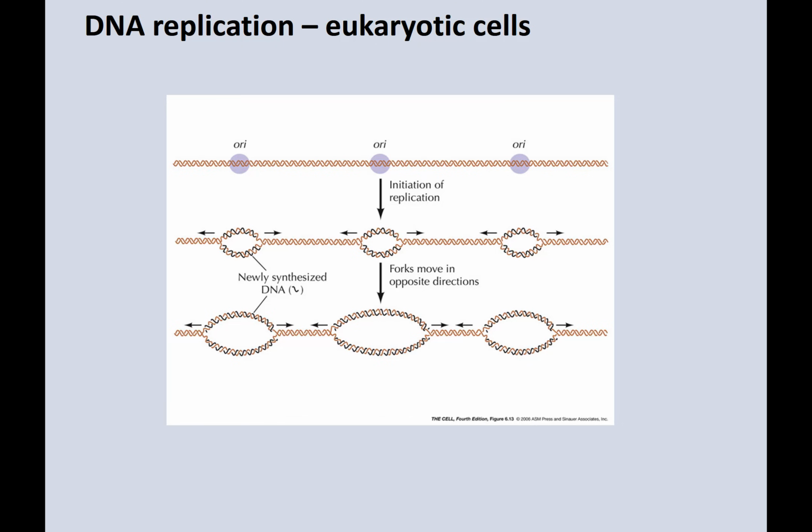So we're going to talk about DNA viruses first. And what I want you to remember is that in DNA replication, there are a few important steps. First of all, you have to have proteins that recognize the ORI, or origin of replication, to initiate DNA replication.